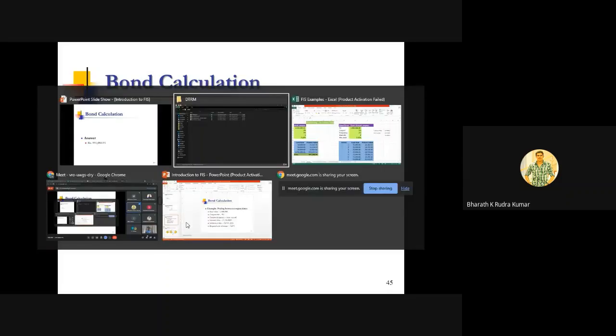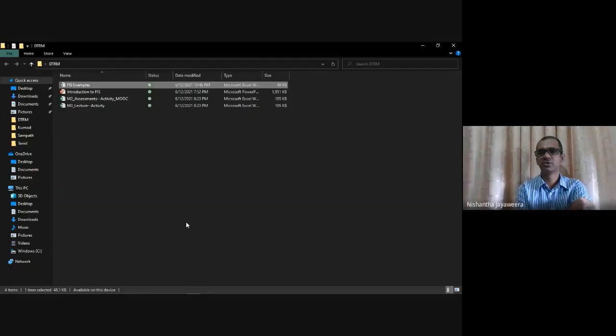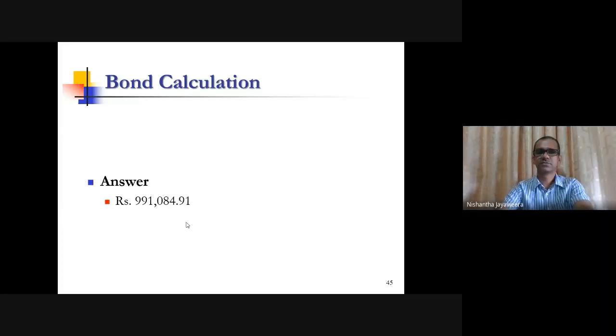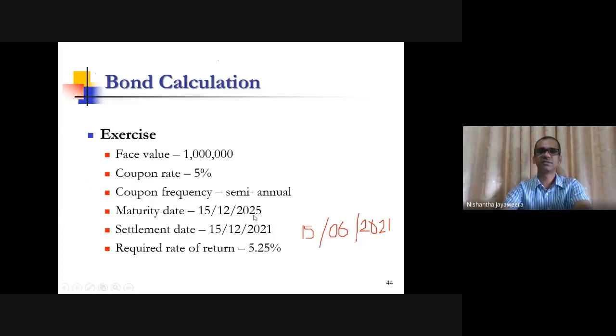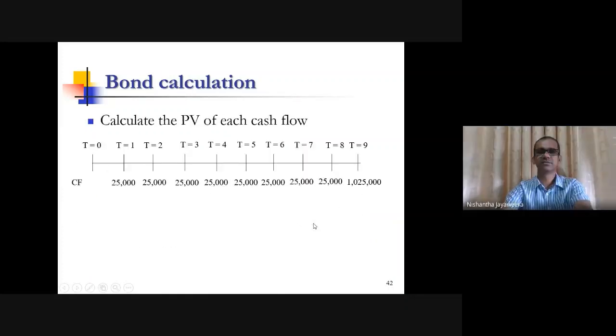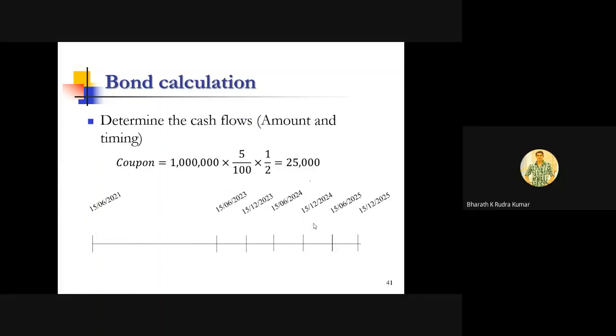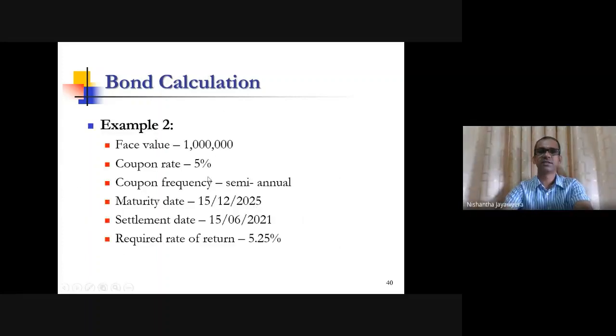So then on page number 45, the settlement date is 15 June 2021. No? It's given as 15 December. The 15th June one is the one we discussed earlier. Okay. This exercise, example 2. Can you see? Yes. This is June 15.